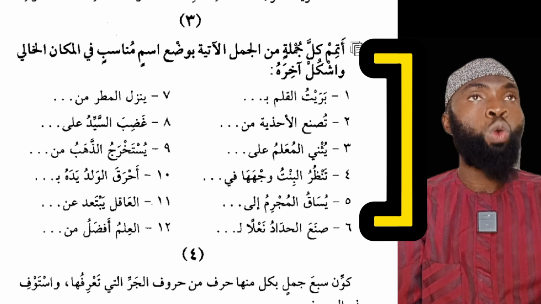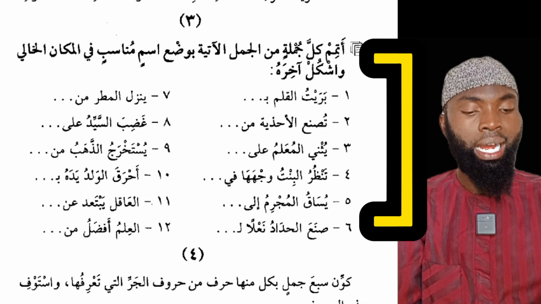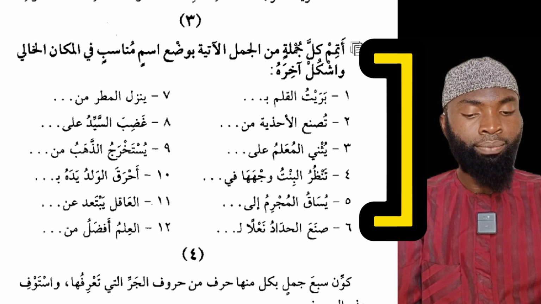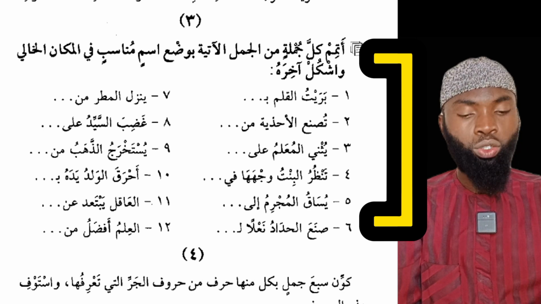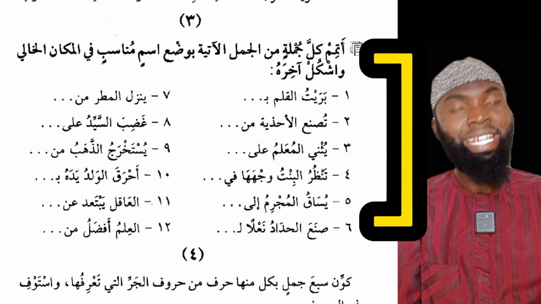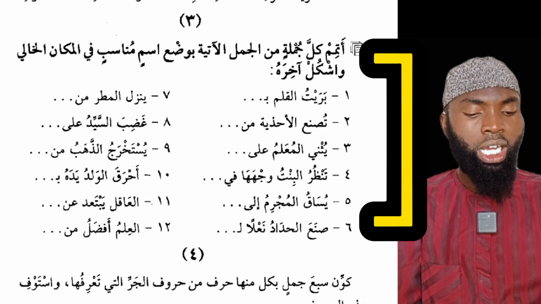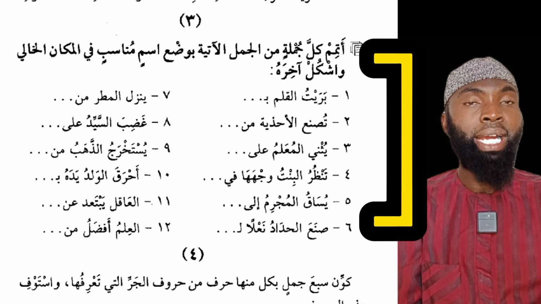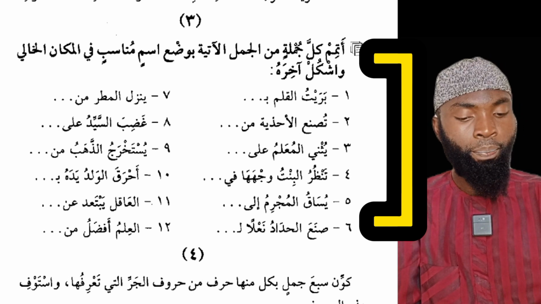Next, we have yusaqul mujrimu ila. The criminal is driven to ila sijini. Correct. Next, we have yanzilul mataru min. The rain is falling from as-samai. Correct. Yustakhraju dhahabu, meaning the gold is mined or extracted from what?